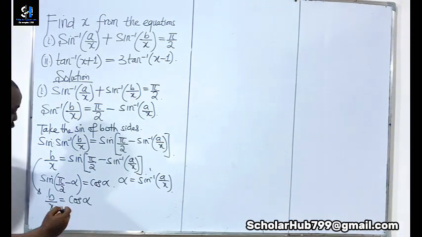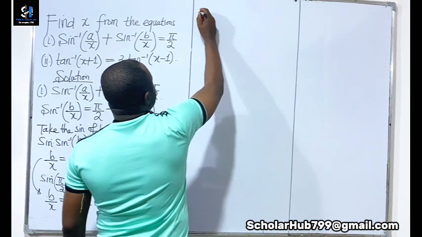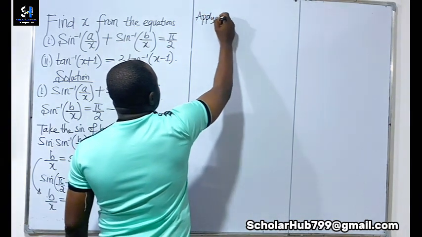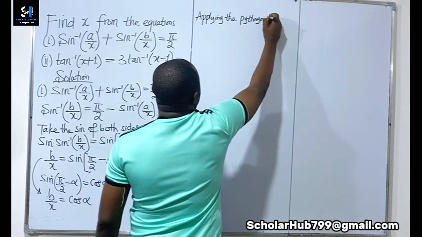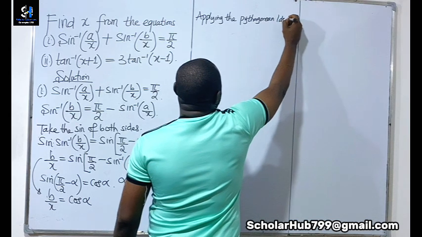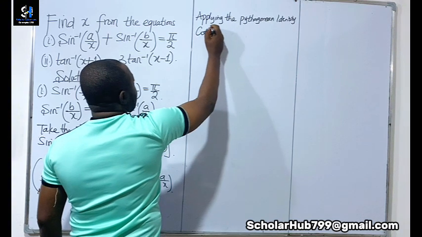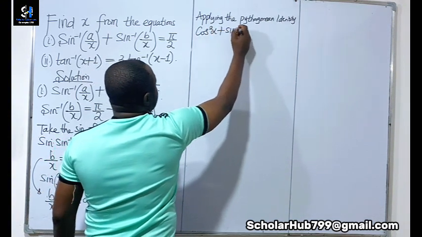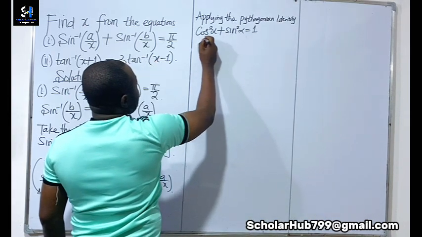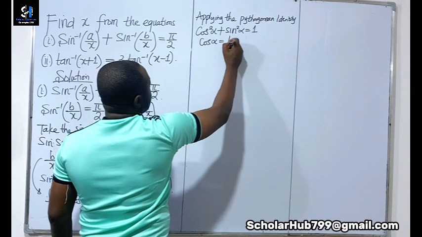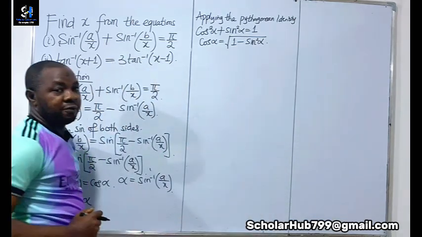From here, let me apply the Pythagorean identity: cos squared alpha plus sine squared alpha equals 1. So cos alpha is the square root of 1 minus sine squared alpha.